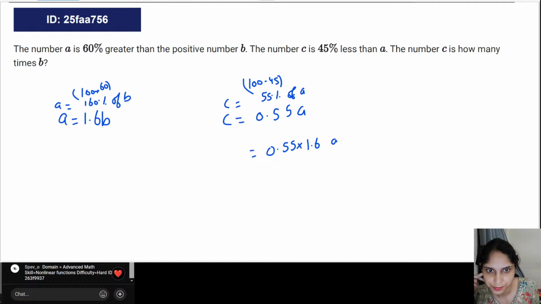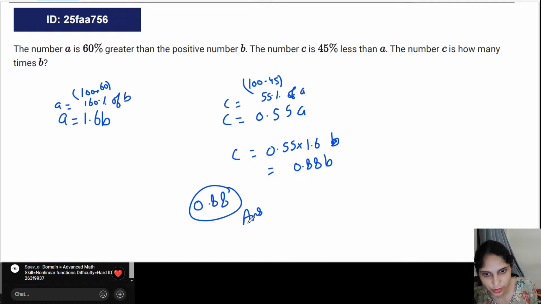That is 0.88. So C is how many times B? 0.88 is your answer.